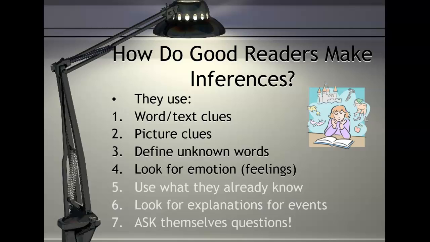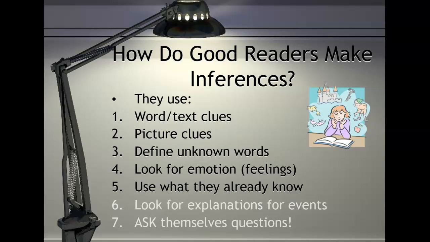Good readers make inferences on how somebody is feeling or the emotions that are going on in the story, because authors don't just come right out and say the character was sad. That's just too simple. Instead, they're going to give you clues that you need to pick up on, so you can make an inference in your head to go, you know what? It sounds like the character's being very sad. And in order to do that, you need to use what you already know.